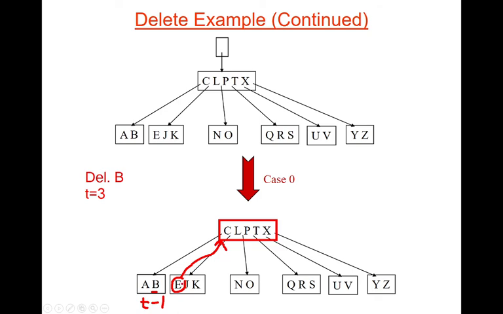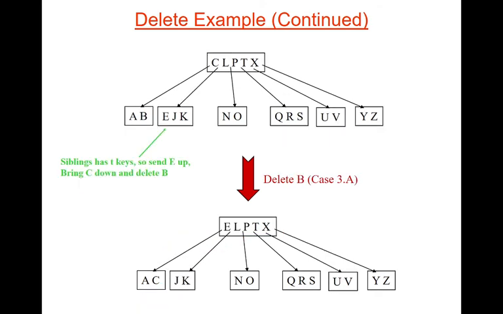So we will bring E from here and replace it with C. E will come here, because we know that this node has more than T minus 1 keys. And this C we will bring here, so this C will overwrite this B, right? So this is how the deletion of B will be performed, and this is how the final outcome looks after deleting B.